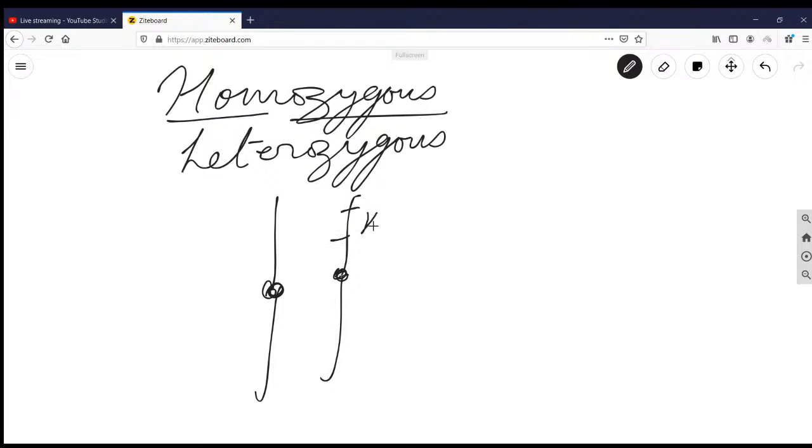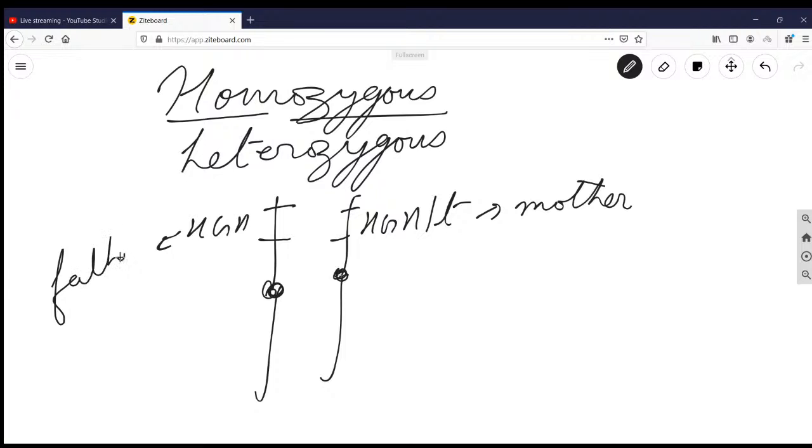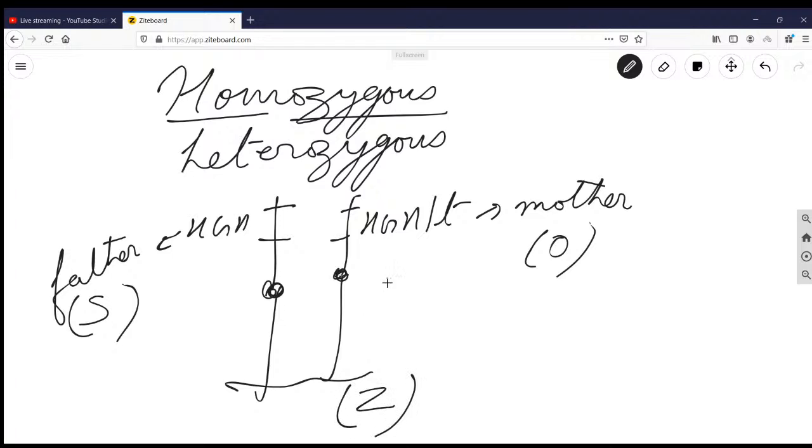HGH low quality, small t, from the mother, and HGH high quality from the father. Sperm, ovum, this is the zygote. So this is a heterozygous condition where both the alleles are not identical in their genetic sequence. That is known as the heterozygous condition.